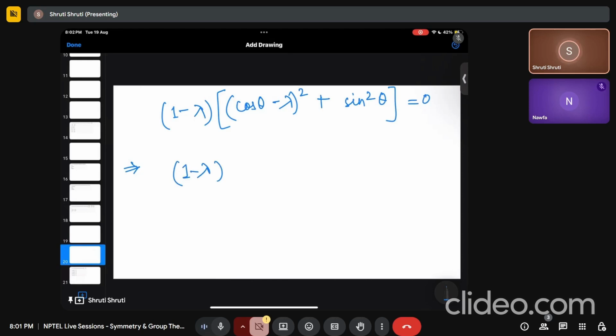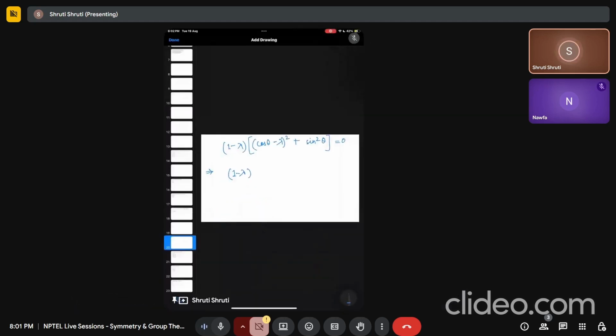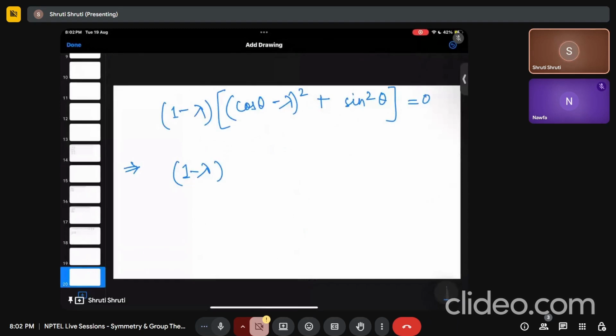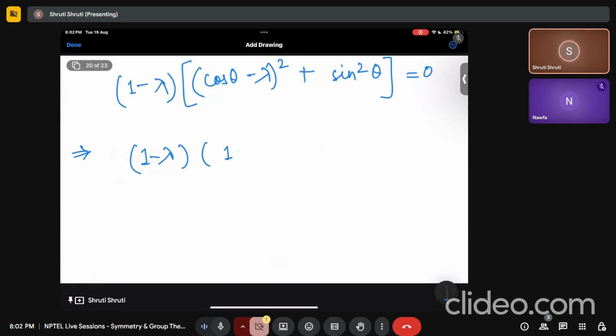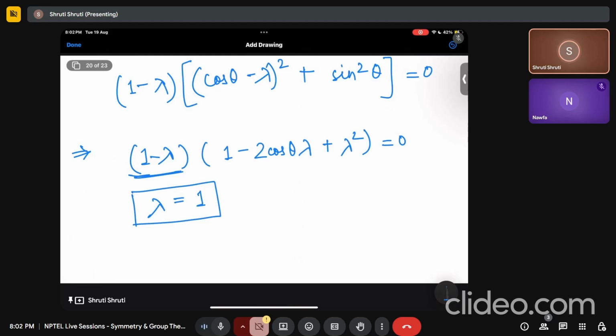So from here you will get 3 values because it's a cubic equation. On solving you will get 3 values of lambda. If you solve this, it will be 1 minus 2 cos theta lambda plus cos squared theta, now equate. From this term, one value is lambda equals 1. This is one root.